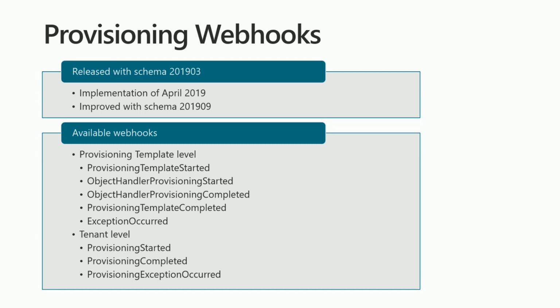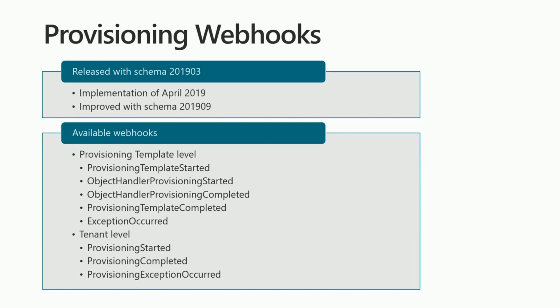First of all, in April, we introduced a set of webhooks which you can configure in a provisioning template, so that whenever you start or complete a provisioning template application, or whenever every single object handler in the hierarchy of object handlers that do the actual provisioning of your template is invoked, you will be able to get a webhook notification.